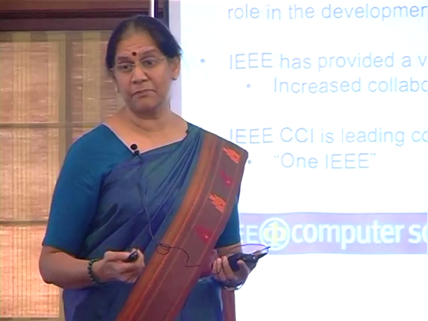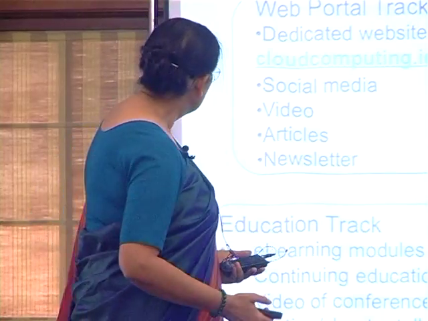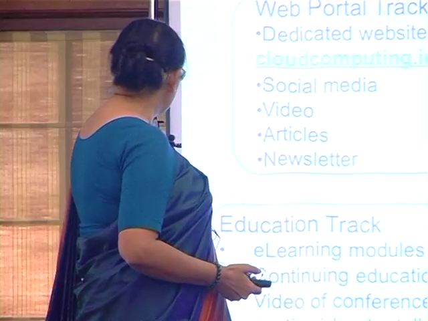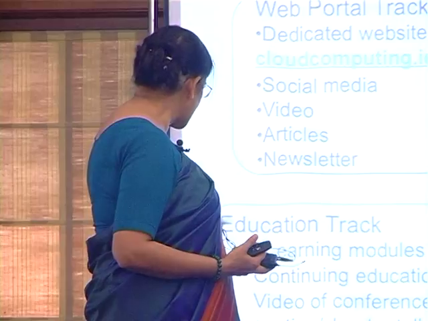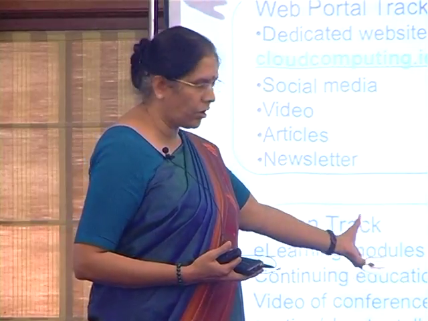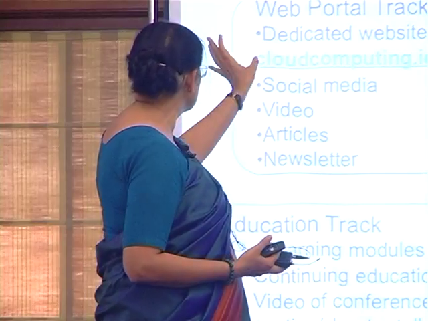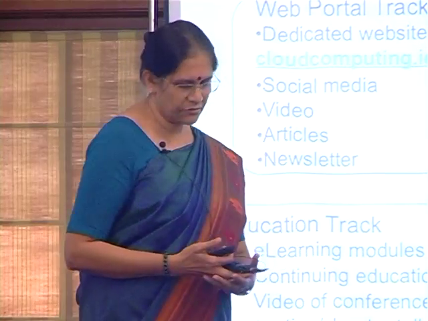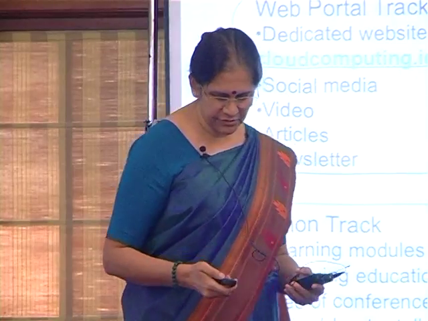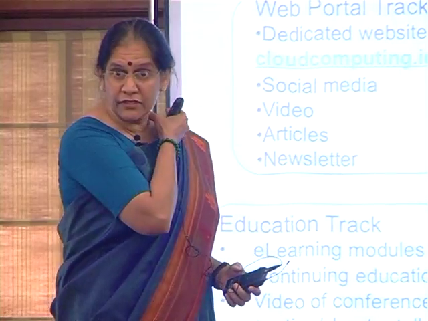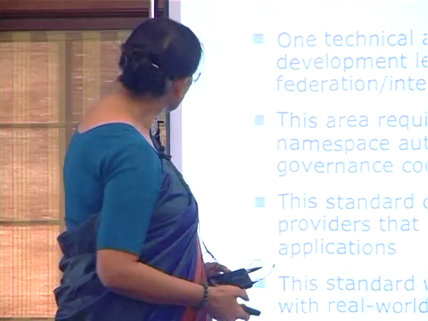So it's an interdisciplinary act. It builds on all the technologies that are there. And this is the kind of stuff they do, right? So they have the standards track, they have the test bed going on, then obviously being IEEE, they have publications, education, web portal, conferences, all of that. And we added this conference, Cloud Computing for Emerging Markets in India. I was on the board of governors, then I asked them to form this conference, and we run it in Bangalore every year.